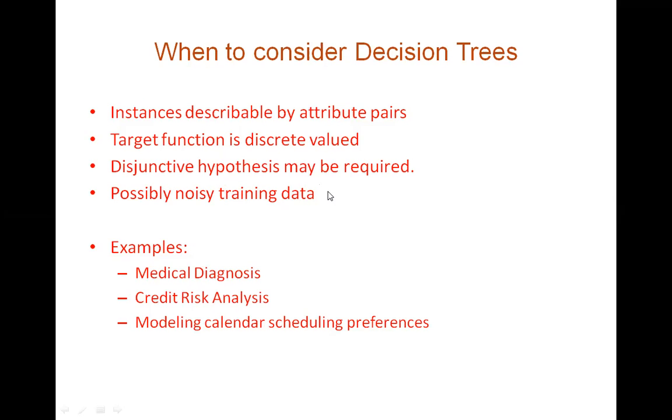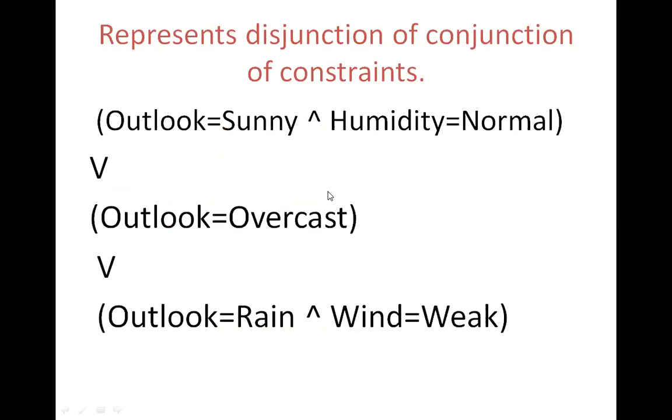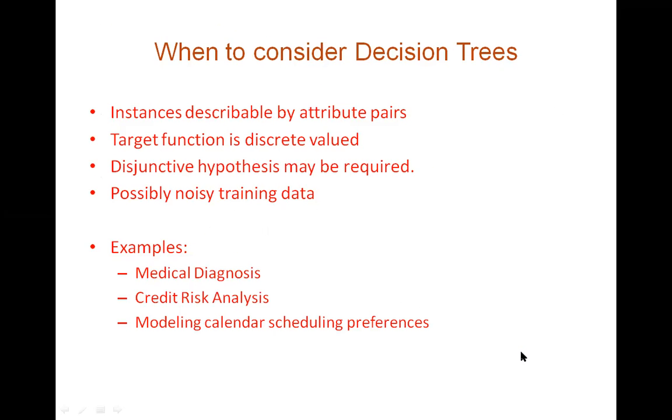Disjunctive hypothesis may be required. As I said, this is a disjunction of conjunctions. So this is one hypothesis, this is one hypothesis, this is one hypothesis. In such a case, if it is needed, then we'll use a decision tree.